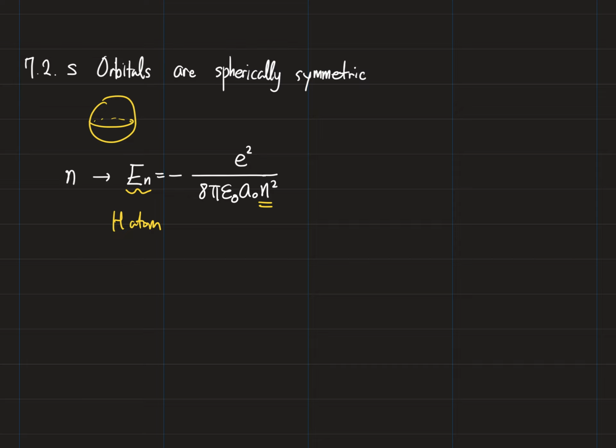So that means the energy of the 2s orbital of hydrogen is exactly equal to that of the 2p orbital of the hydrogen atom. Even though for multi-electron atoms, these two orbitals have different energies due to electronic repulsion. But at least for hydrogen, we have this equality.